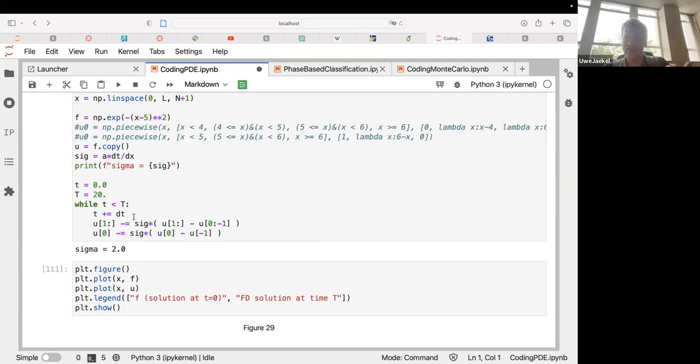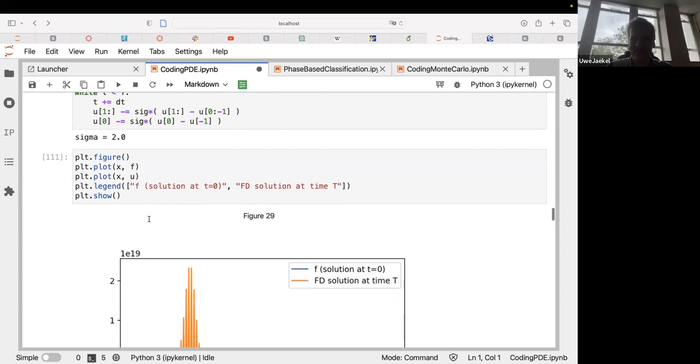This is also another frequently occurring phenomenon in the numerical solution of differential equations. It's problematic when the time step becomes too large. Then you get instabilities.